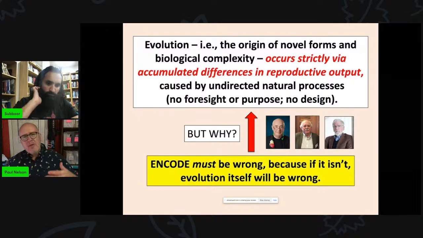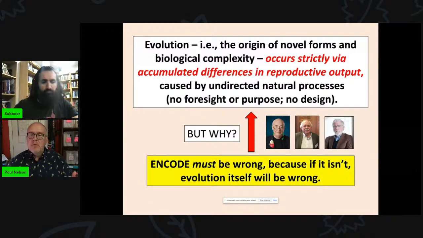So as you work your way backwards logically from a claim like ENCODE must be wrong, because if it's right, then evolution itself will be wrong, you find in the chain of logic the causal story: what's operating in evolution is accumulated differences in reproductive output, which we'll talk more about in just a moment, via undirected natural processes.